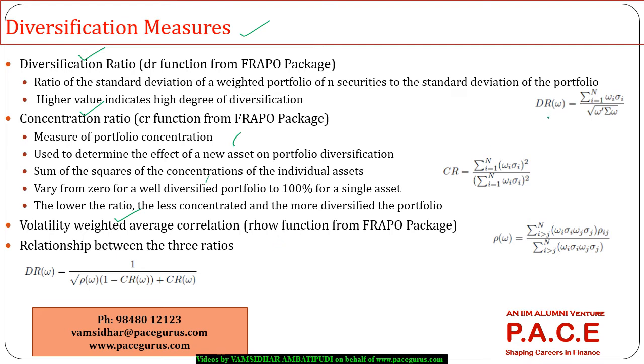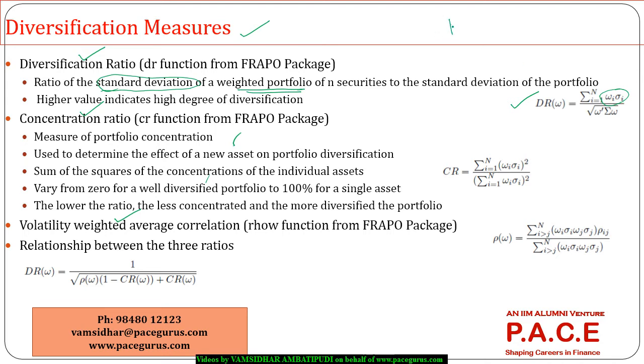Formula-wise, these are the formulas, but instead of explaining them in mathematics, let me give a simple explanation. I am taking the ratio of the standard deviation of a weighted portfolio, which means I am taking the weights multiplied by the individual standard deviations.